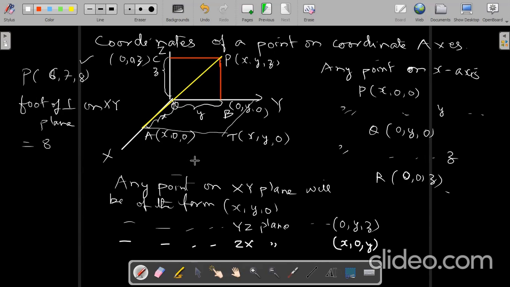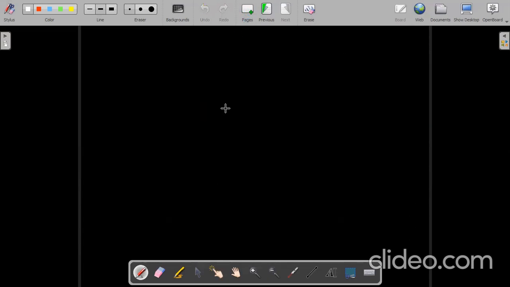Now we have the distance formula. We have seen that in 3D we have 8 octants, 3 axes and 3 planes. In 3D, suppose P is any point, then its coordinates will be x1, y1, z1.